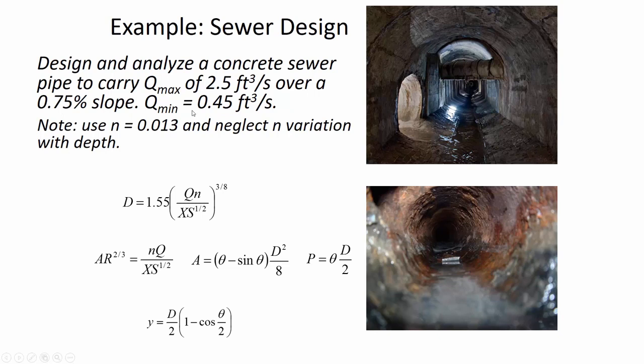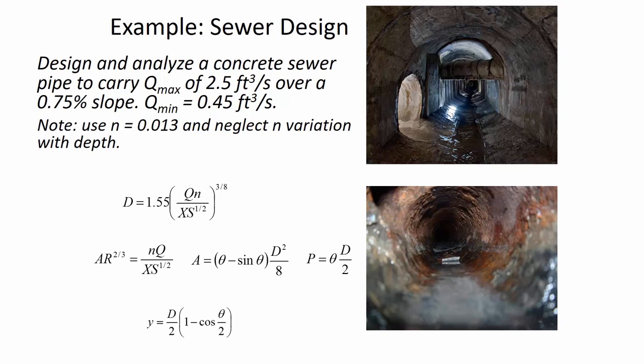Here's the minimum flow rate. We're going to have to check and see if the minimum velocity of 2 feet per second is available at that minimum flow rate. We're going to use our N full of 0.013 and in this case neglect N variation with depth.